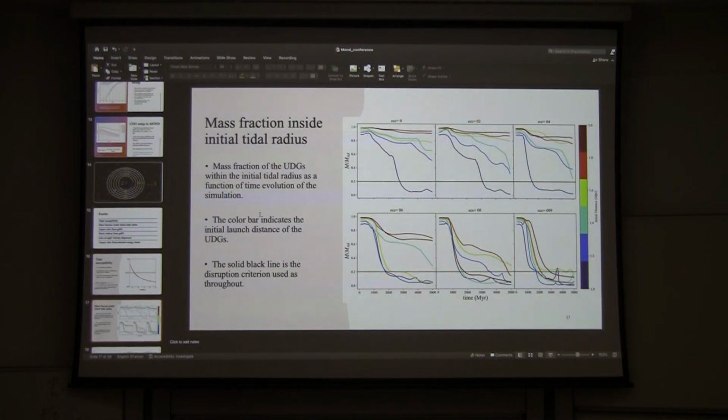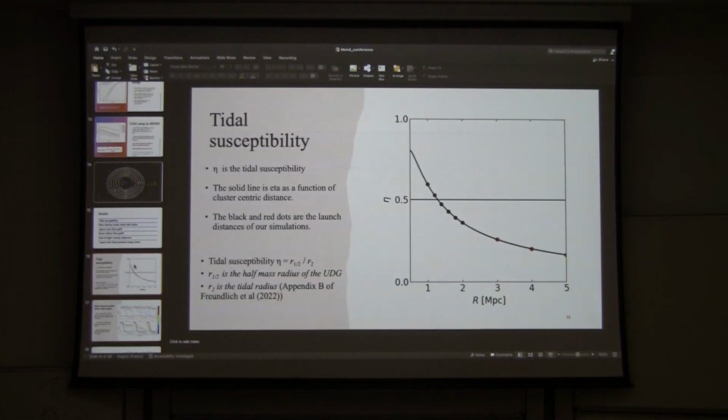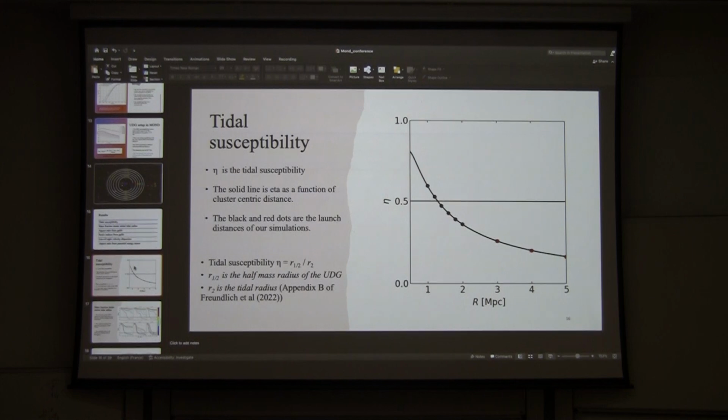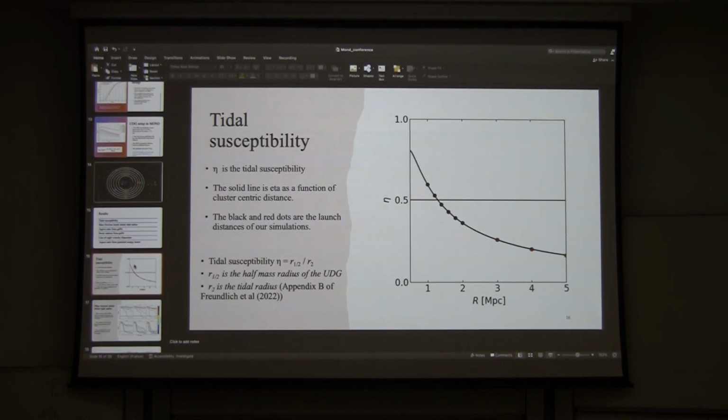This could be an important issue. Can you show the graph with the eta values? All the eta values could in principle be a lot higher, because typically the way tides are understood is that if the eta calculated at pericenter is above 1, then it would be tidally unstable.